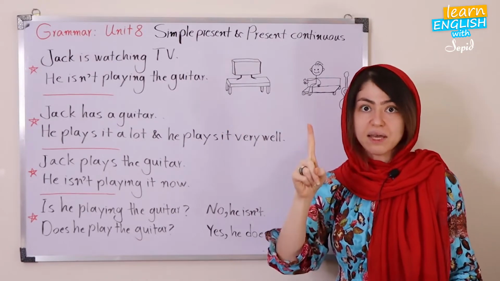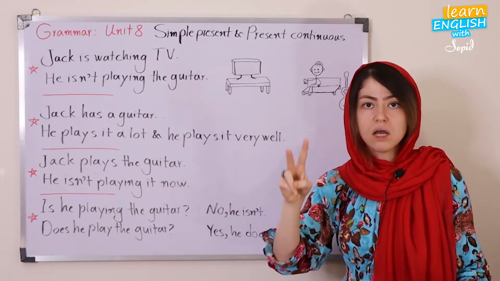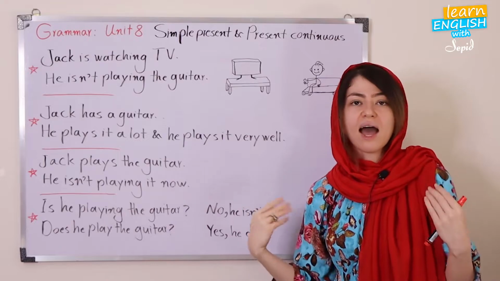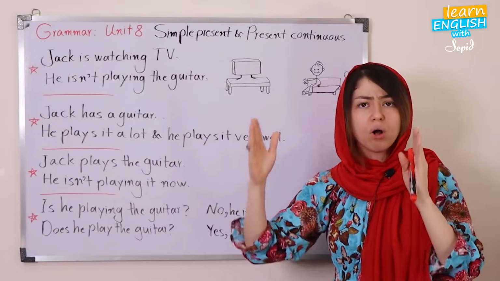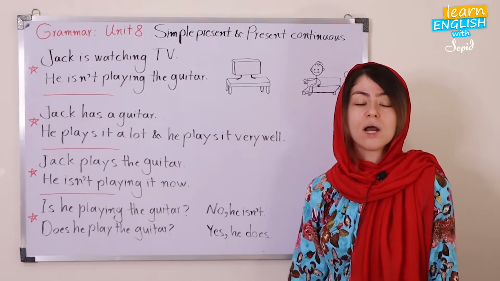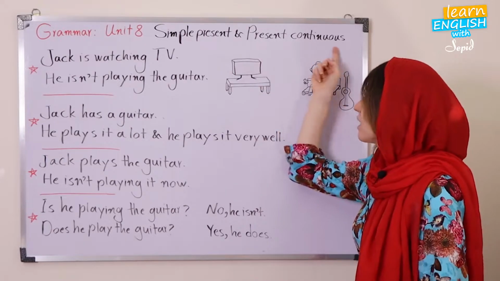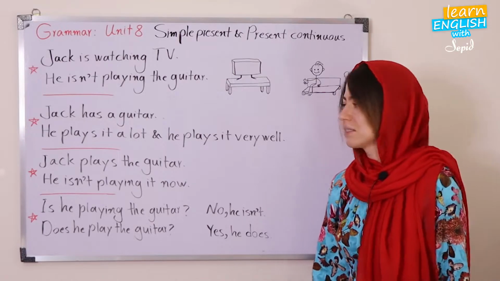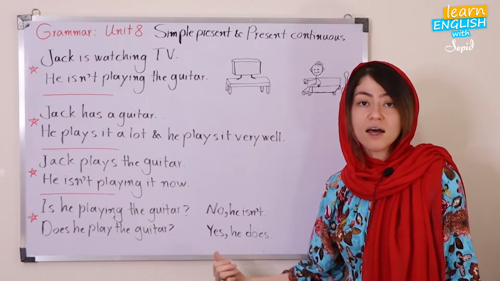It can be a habit, okay, it can be a routine, or it can be even a general situation. For instance, something I have, okay, the states that are always the same, permanent situations in our lives. But present continuous is temporary, okay? So that's the case. Let's go to the other part.